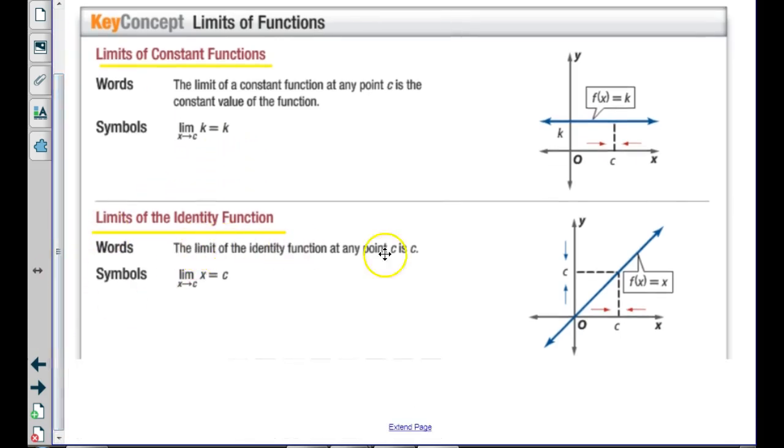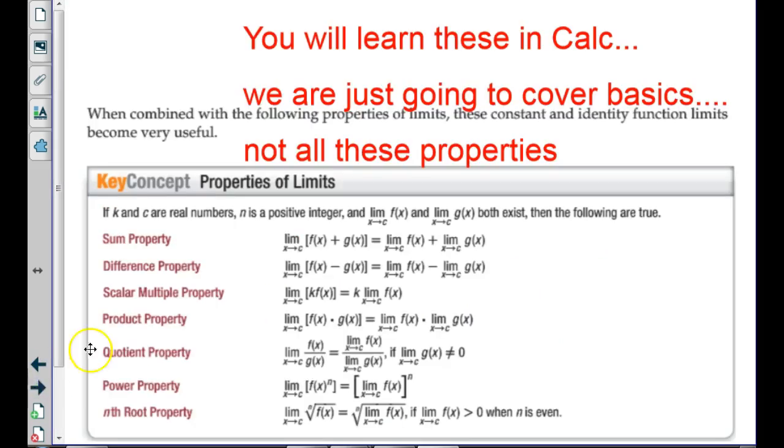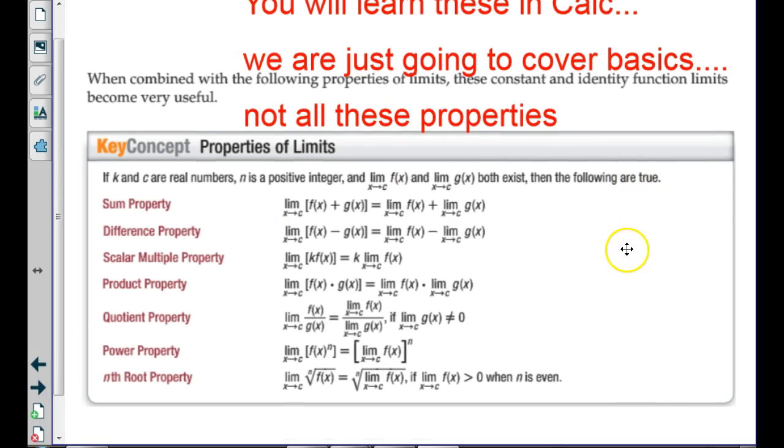The limit of an identity function like x equals 3 or some y equals 3x, some kind of a linear function that's continuous, you will get the answer by plugging the value in. In calc, you're going to learn all these properties where you can add two limits. You can do that by separating the limit at each point and all this crazy business, okay? We're just not going to go over those today.